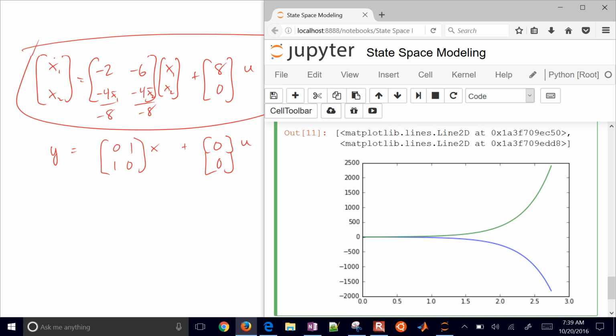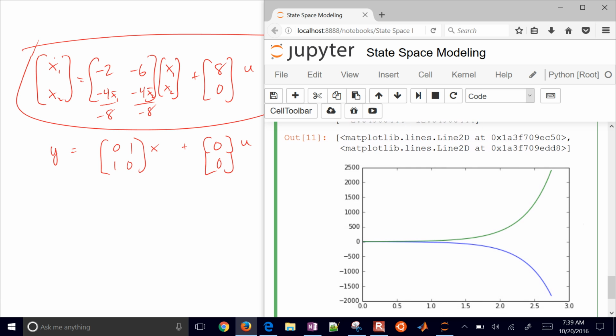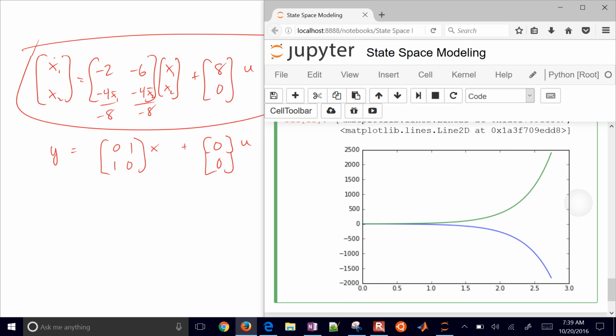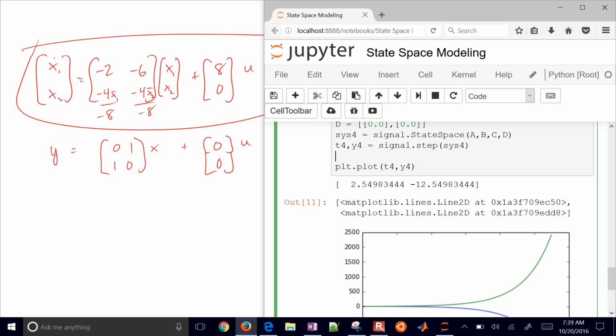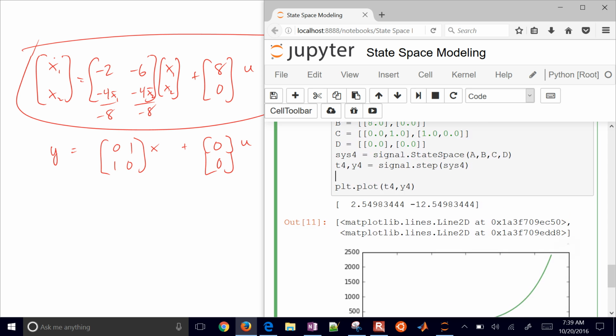In fact, there is the response. We have 2 states that came out of it, 2 outputs, 2 measurements, and so there they are. It's unstable. It's going to exponentially deviate from the starting point.